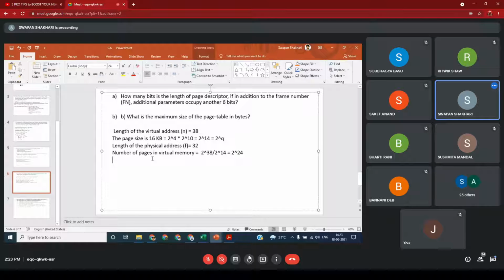Now you calculated the number of pages in the virtual memory, so you can calculate the number of frames in the physical memory.